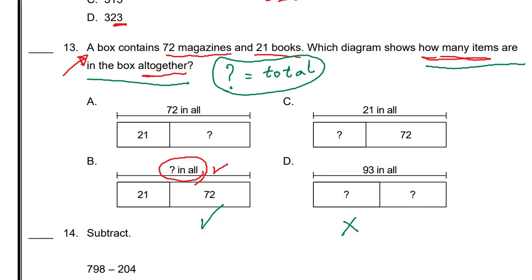D is not correct because we don't have these two numbers, the 72 and the 21. We shouldn't use question marks. And the question mark should be here for all, in all. The number of them, the items, all of the items all together.